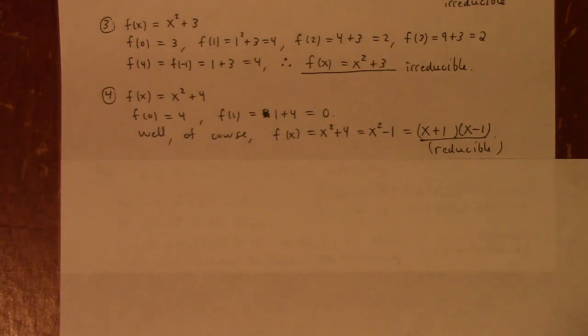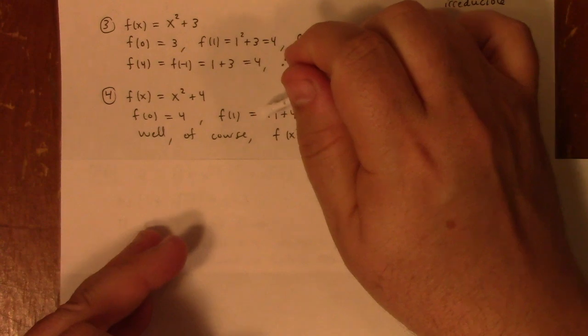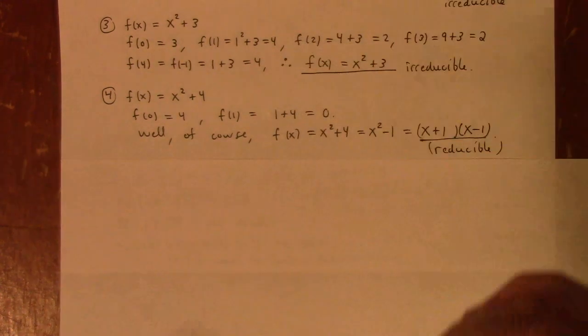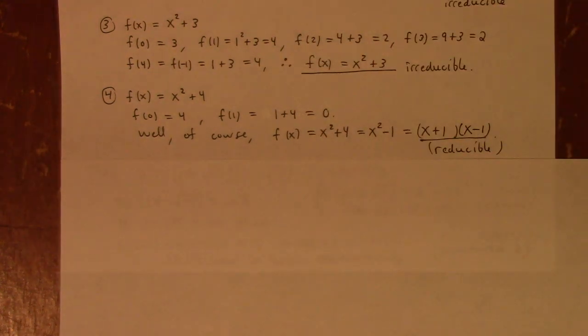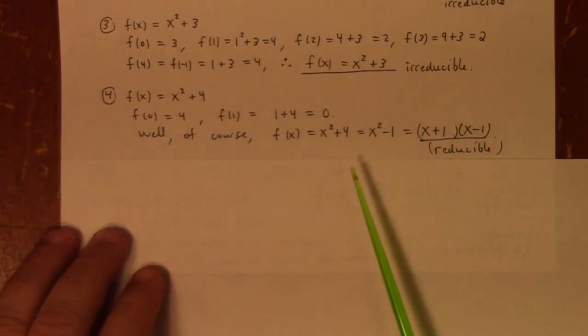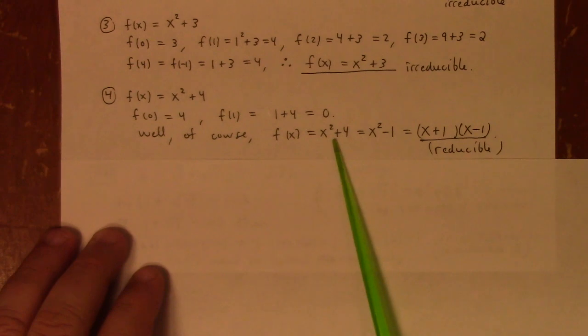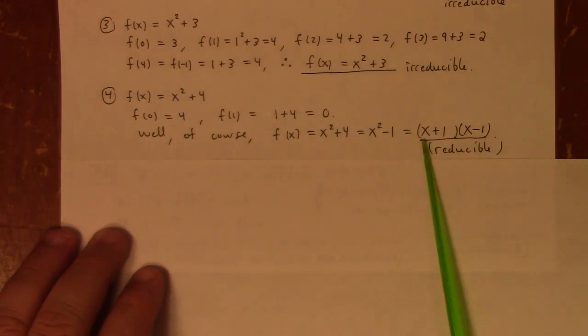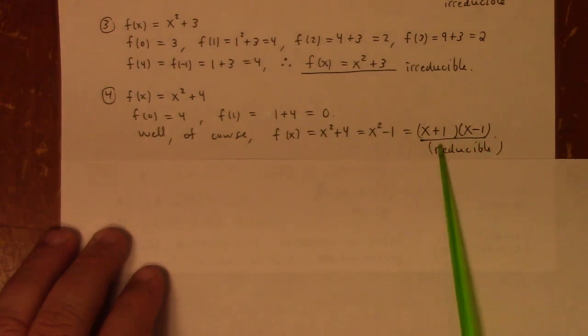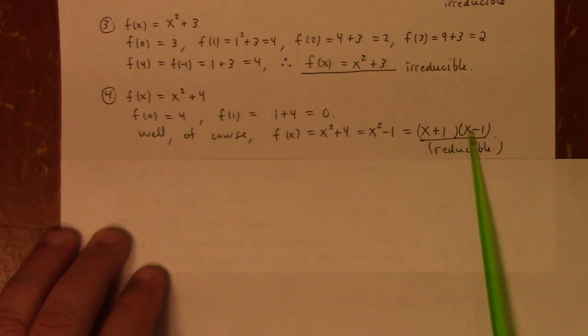It becomes more obvious what's going on, because when I plugged in 1, I got 0, right? So I'm like, oh, game over, it's reducible. And of course that's obvious because x squared plus 4 is x squared minus 1, and that factors as x plus 1, x minus 1. As you can see, that's a reduction of f of x into a product of factors, neither of which are units. Therefore, f of x is reducible.